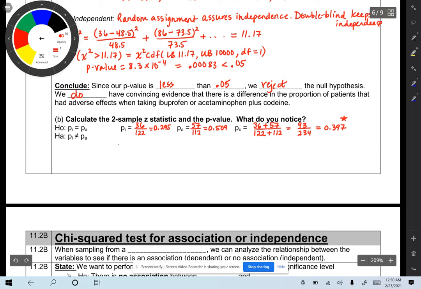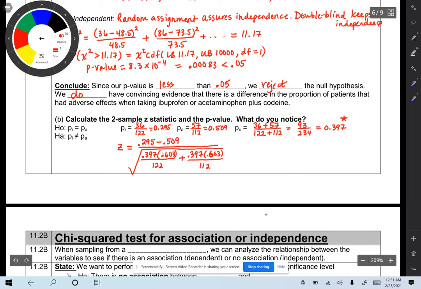So now to calculate our z, that is equal to PI, which is 0.295, minus PA, which is 0.509, divided by our standard deviation, which is the square root of 0.397 times 1 minus that, which is 0.603, over the first sample size, plus 0.397 times 0.603 over the second sample size of 112.